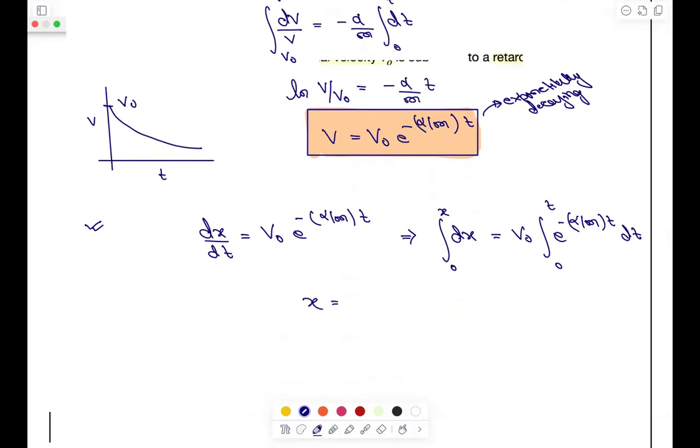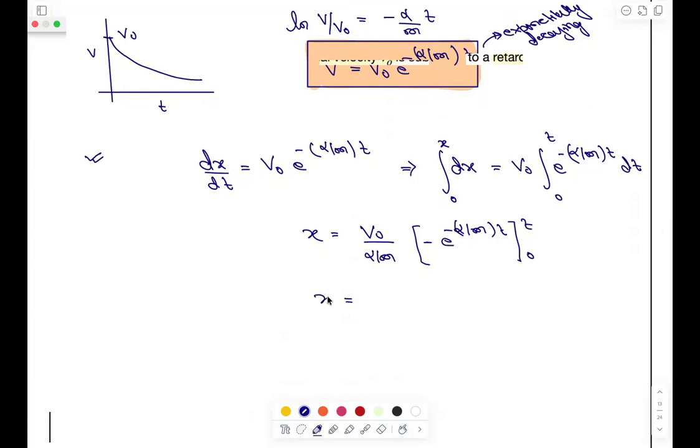It will be minus v naught upon alpha by m, and here we will have minus e to the power minus alpha by m into t from 0 to t.